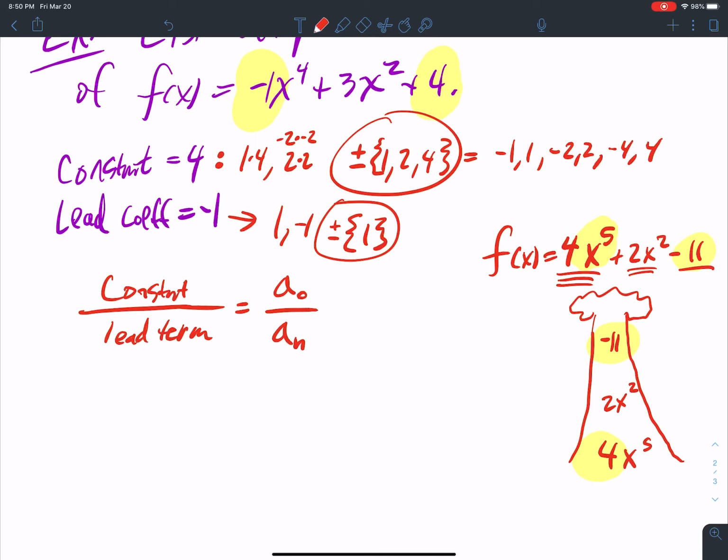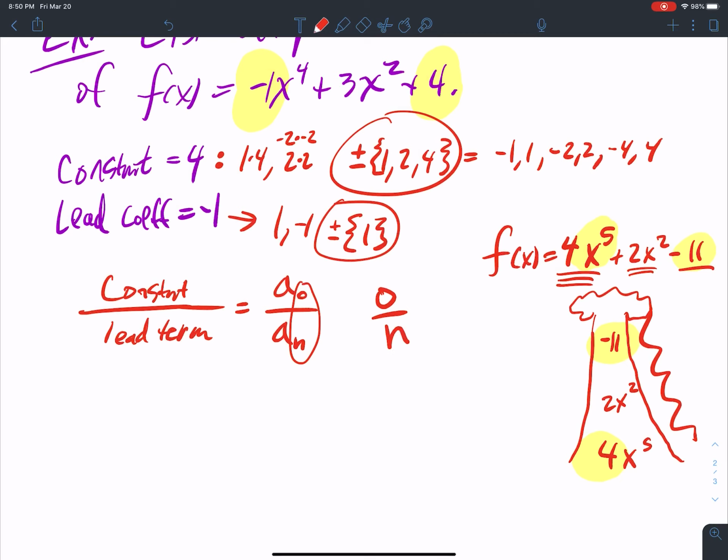Now, that's kind of silly, and like I said, I'm silly, and that's a silly way to remember it. No mathematics behind this whole tree thing. Another thing that some students have told me that they think of is they see a constant over the lead, that A0 over AN. This is like "on." So I don't know.